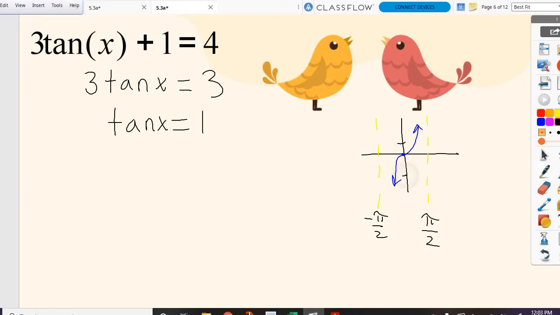Okay? And remember that we also have key points at negative 1 and 1. And the nice thing is that this is exactly halfway in between 0 and pi over 2. So at what x value does it equal 1? Pi over 4. Right? We all see kind of how to work our way backwards.